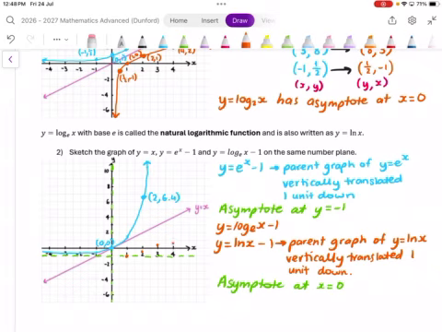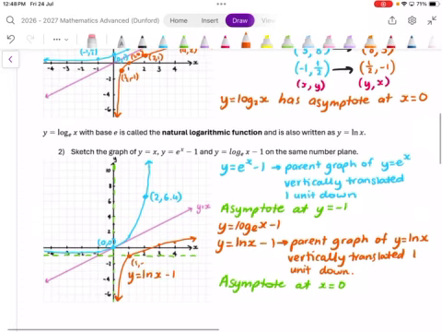Okay, and then we can draw the general shape of our logarithmic function. So sort of looking like when we were drawing our hyperbolas. Putting on a point.